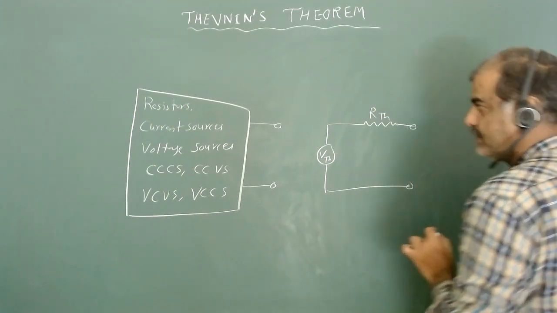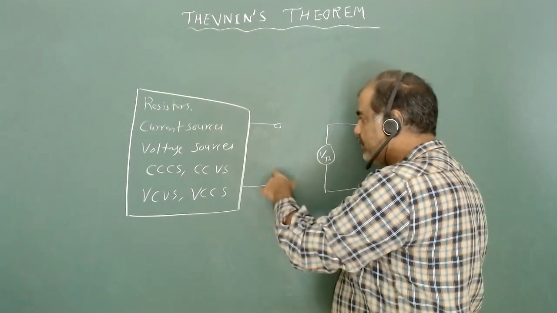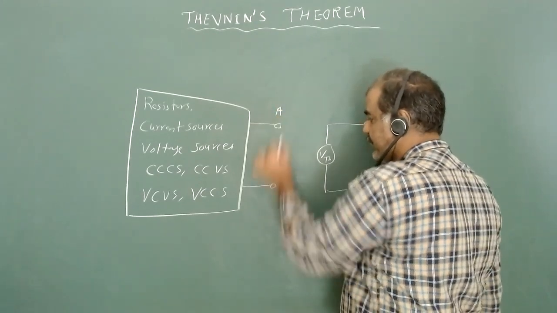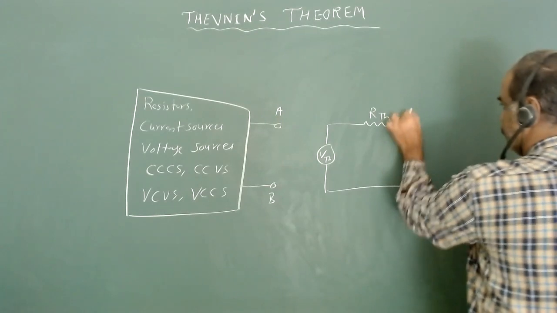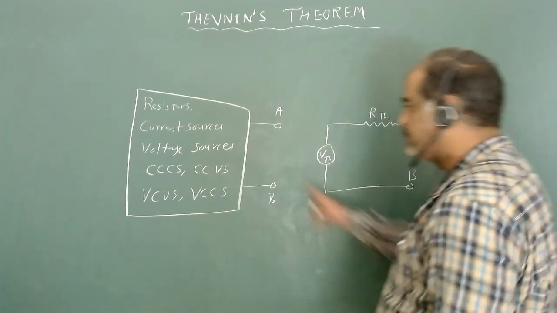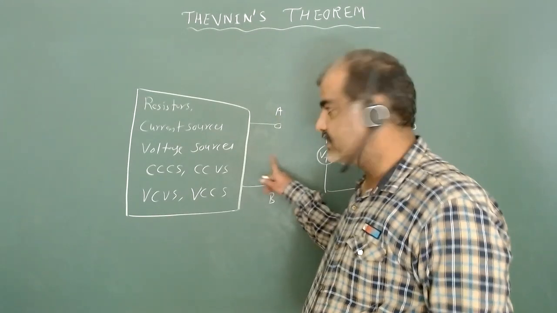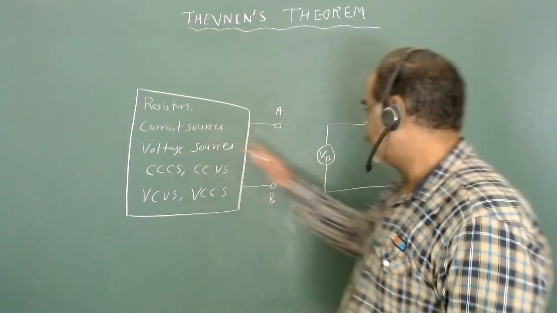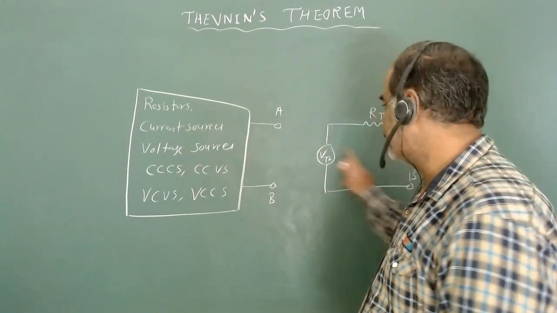What is the meaning? The meaning is, if we connect a load across these two terminals, say A and B, this load will not see any difference between this circuit and this circuit. That means these two circuits are equivalent.